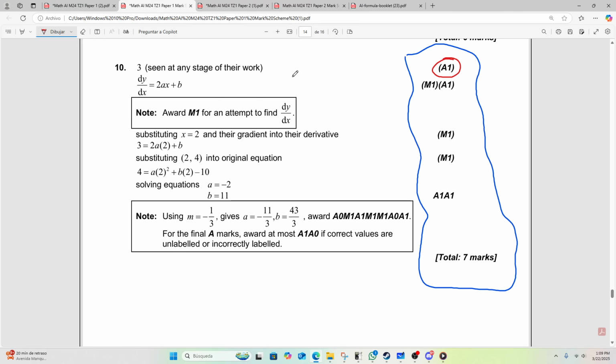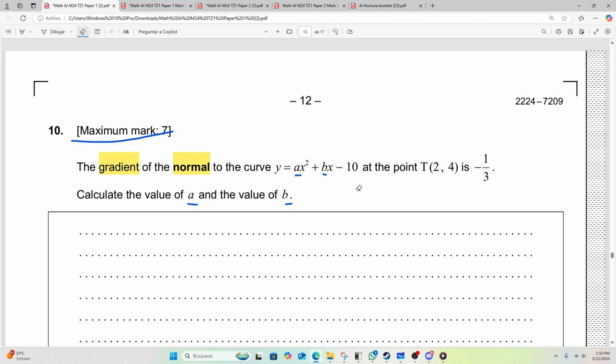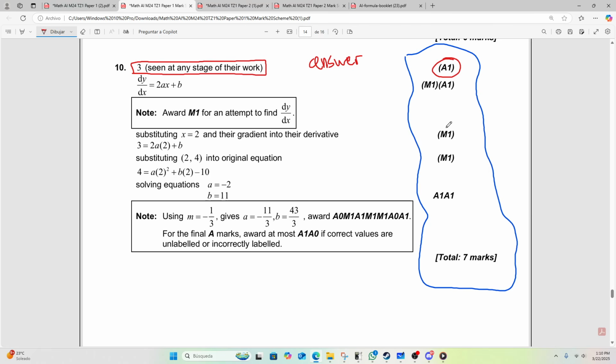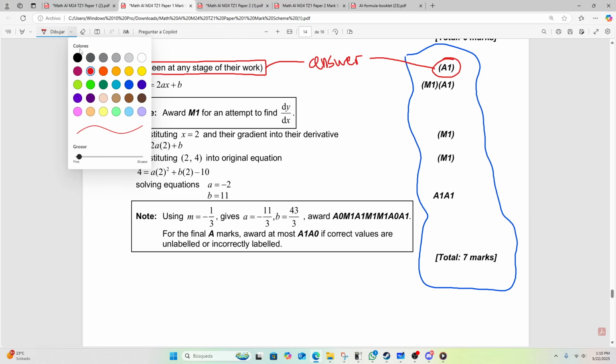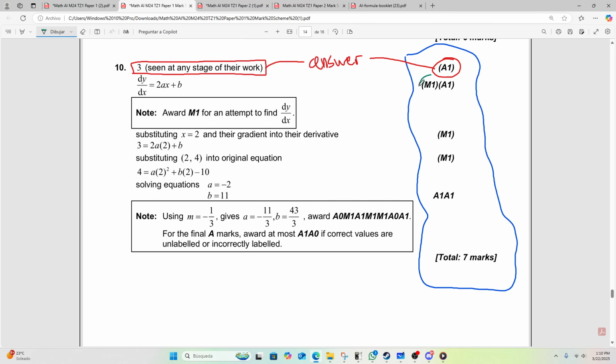A1 is associated to your answer. So notice, this A1, you get 1 point in this exercise if at some point you express 3. Quite literally. And in this context, it is expressing the slope of 3. I'm not going to jump into it, but just so that you get the idea, an answer point is literally your answer, the actual value. Meanwhile, there's method points here.